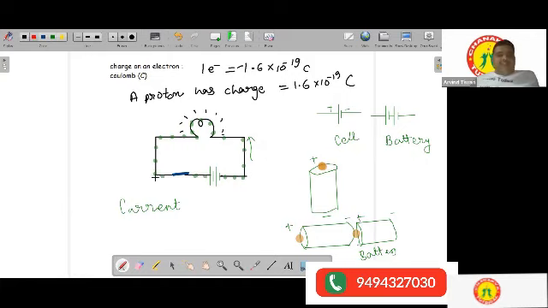So the direction of current is taken from positive to negative. In reality, it is the electrons which are moving from negative to positive, but we take the direction of current from positive to negative, which we also call the conventional current.